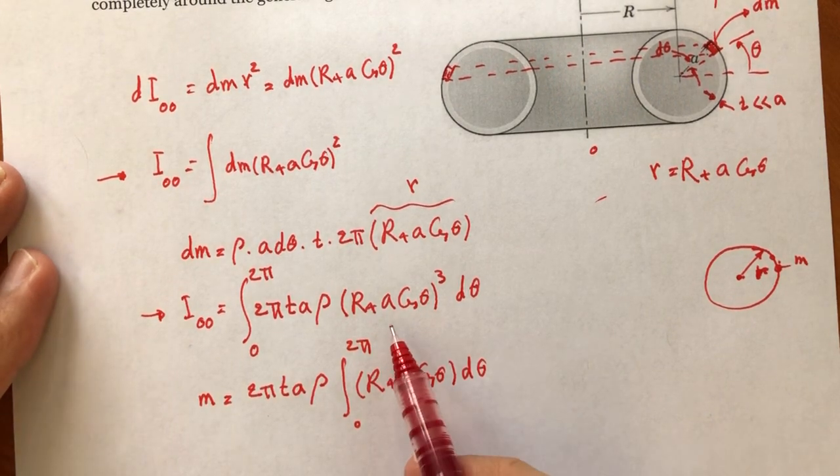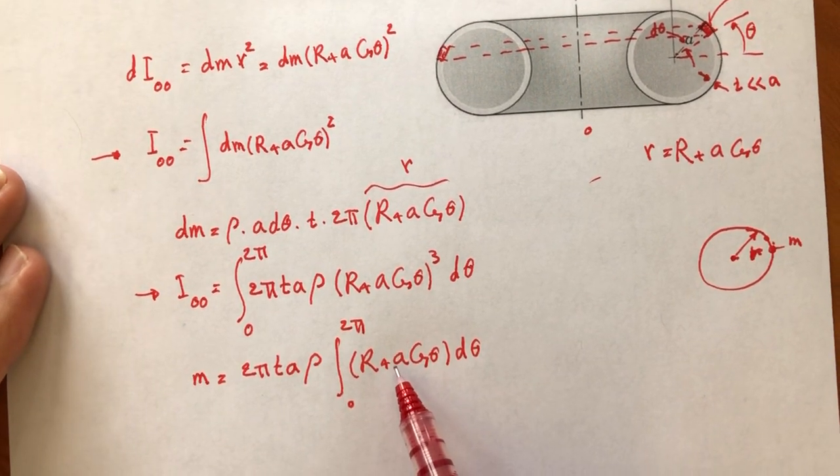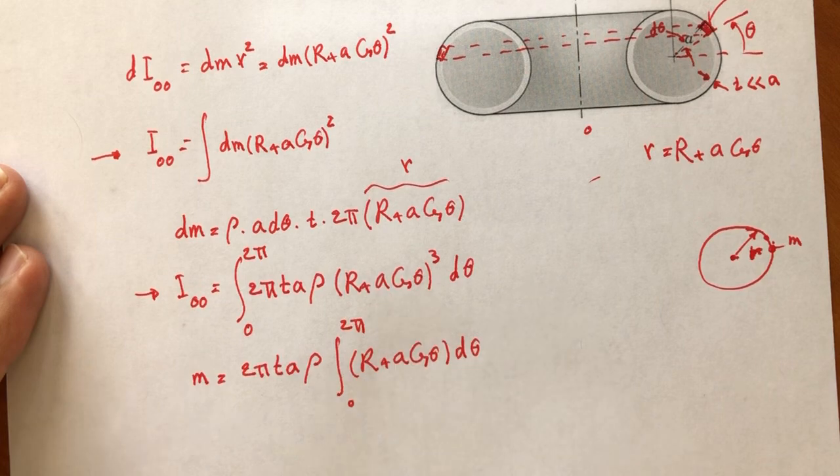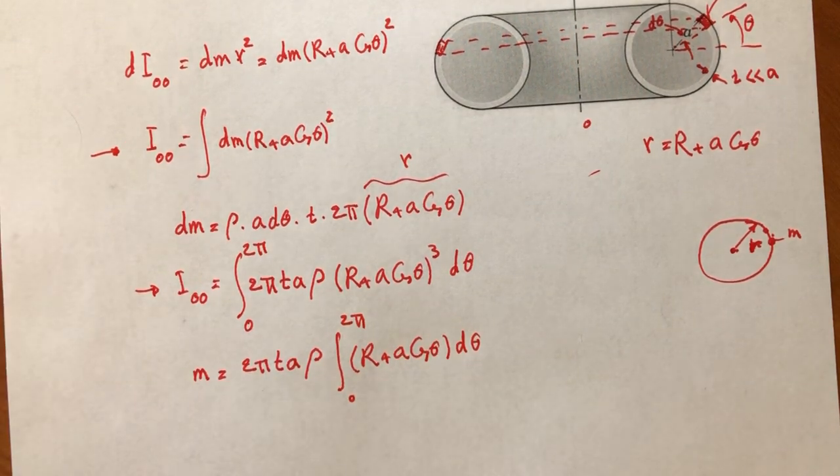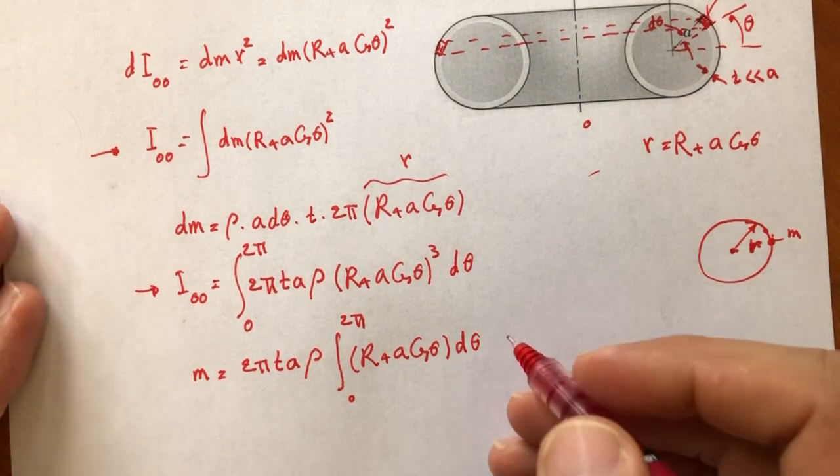So we need to do this integral and also this one, then embed m in this guy. I'm going to let you solve these two integrals, and I'm going to give you just the final solution.